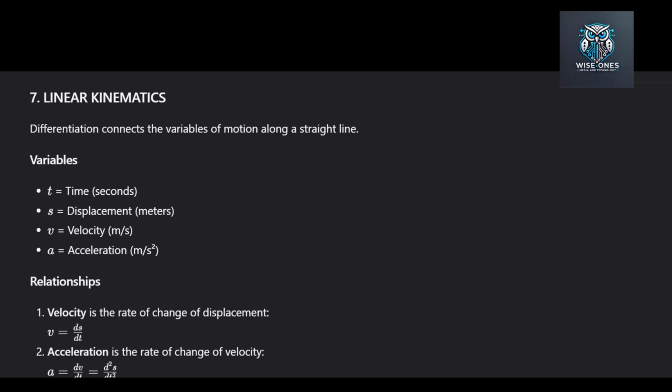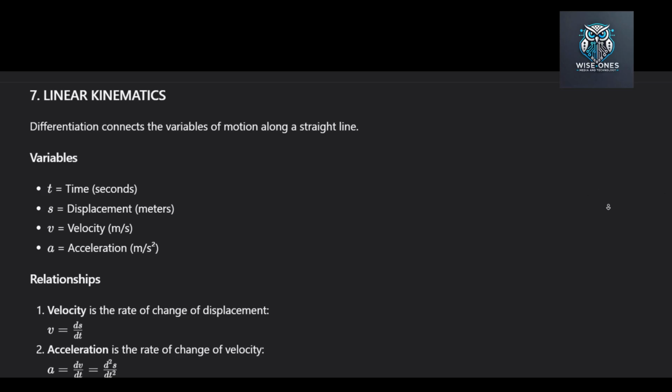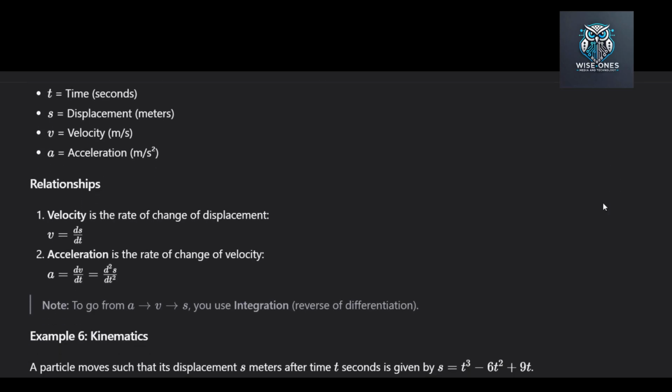Here are the relationships. Velocity is the rate of change of displacement. So, v equals ds/dt. You differentiate displacement to get velocity. Acceleration is the rate of change of velocity. So, a equals dv/dt.